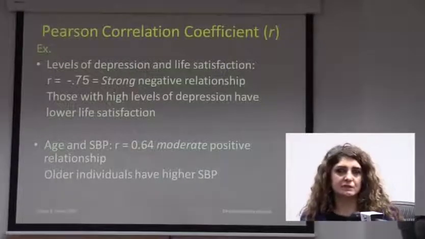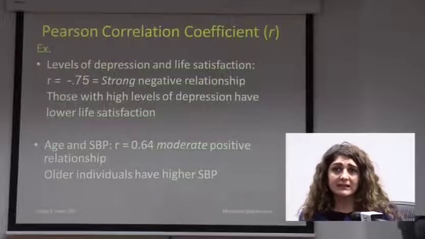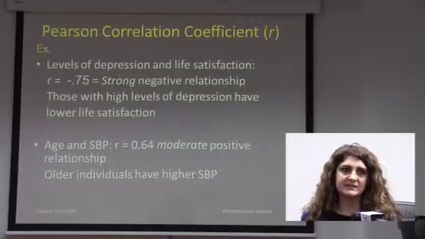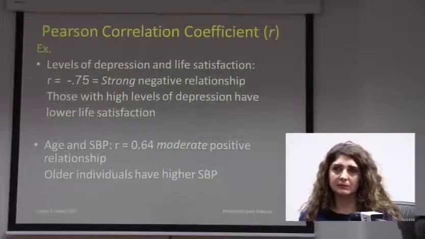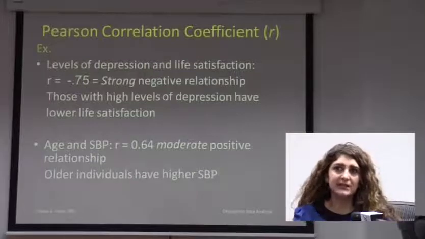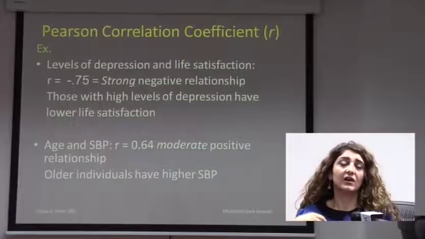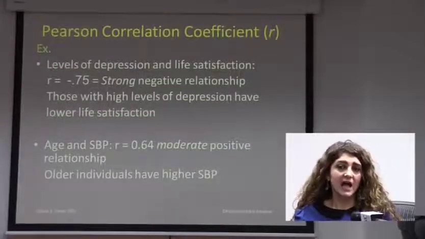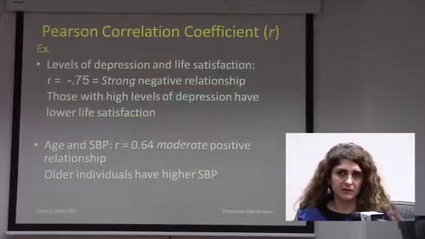Same for life satisfaction. If I got here a -0.75, again, I'm going to call it strong, but some other people might call it moderate, so I'm leaving this for now. But it is a negative relationship. It has a negative sign. So it means that subjects who have high levels of depression actually have a lower life satisfaction.